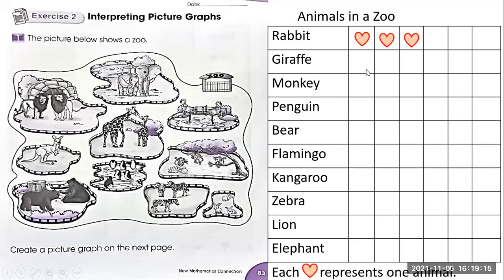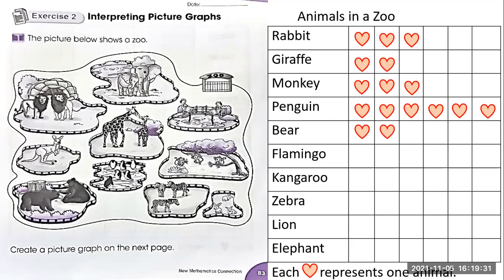Giraffe, how many giraffes? 2. So we need to draw 2 hearts. Monkeys, 3 hearts. Penguin, 6 penguins, so we need to draw 6 hearts. Bear, 2 bears. Flamingos, 2 flamingos. Kangaroo, only 1, so 1 heart.